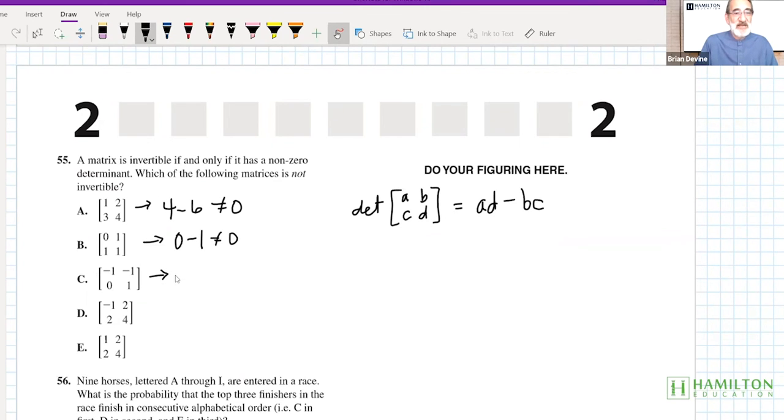So it's not C. And the next would be negative 4 minus 4. That's not 0. But if we look at this one, the determinant of this matrix would be 4 minus 4, which equals 0, which means it's not invertible, which means it is the answer, E.